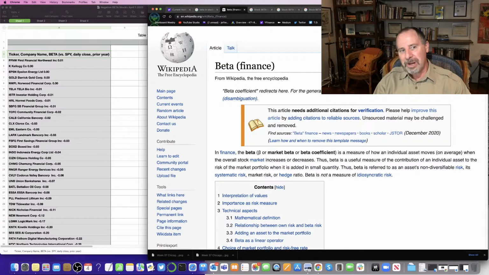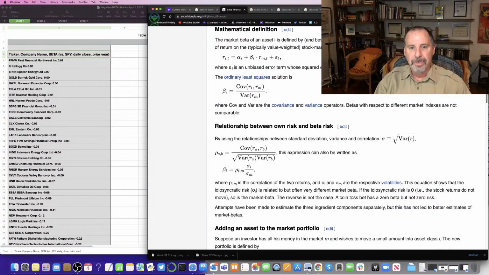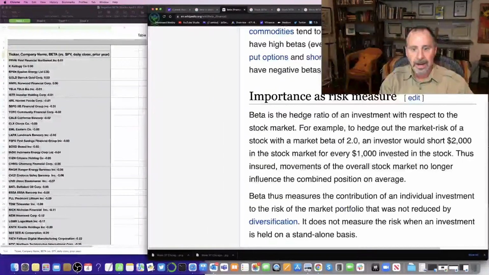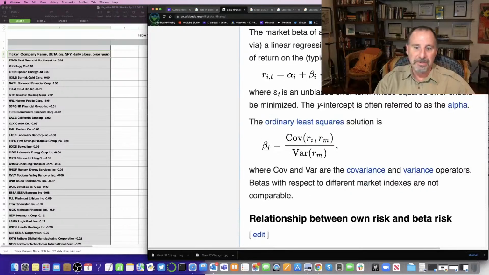It wouldn't be complete if I didn't take you to Wikipedia. This will be fast. In finance, beta is how an individual asset moves, on average, when the overall stock market increases or decreases. And the math is this. Beta sub i, I've got to show it to you because all my math friends would be mad at me if I didn't.